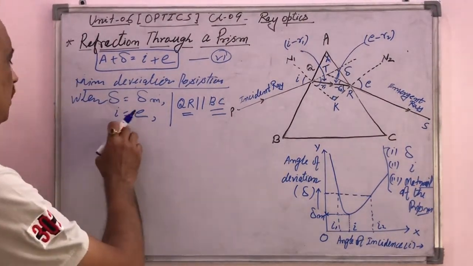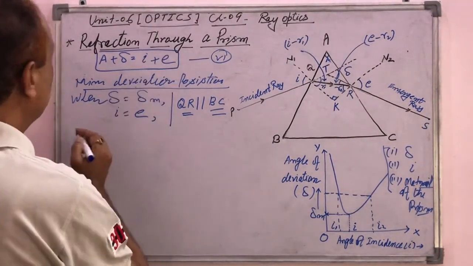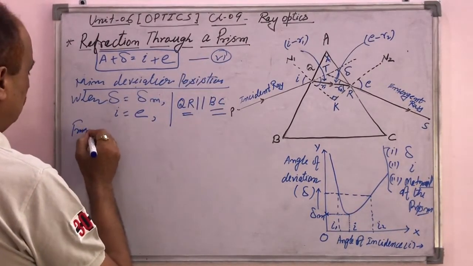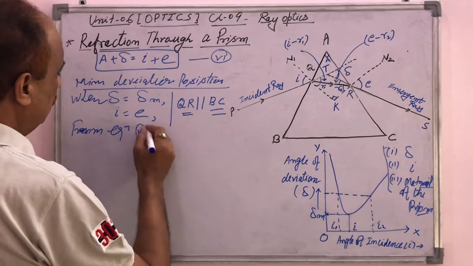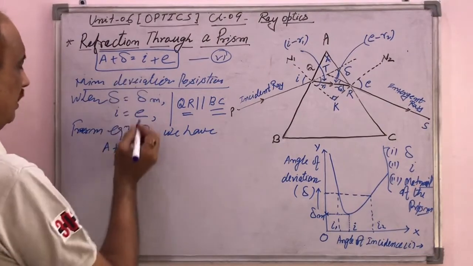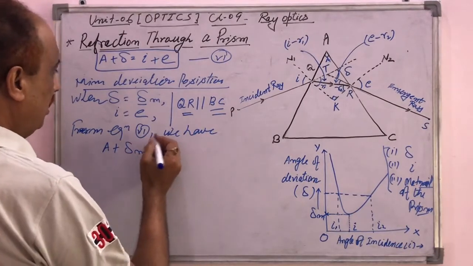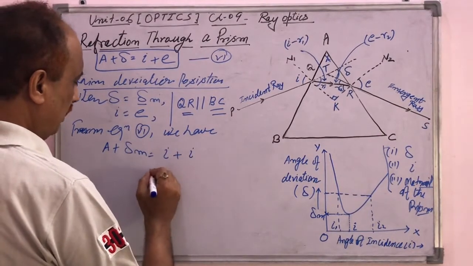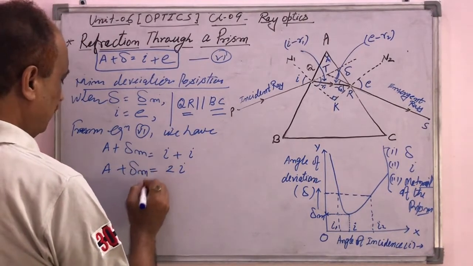Now on the basis of these conditions, we have to find the value of del m. Now by using equation number 6, we have A plus del replaced by del m, the minimum angle, equals I plus E, and I and E are both equal, so I plus E can be replaced by 2I. So we get 2I equals A plus del m.